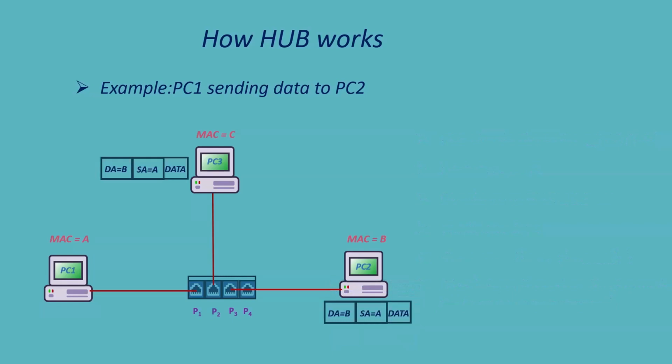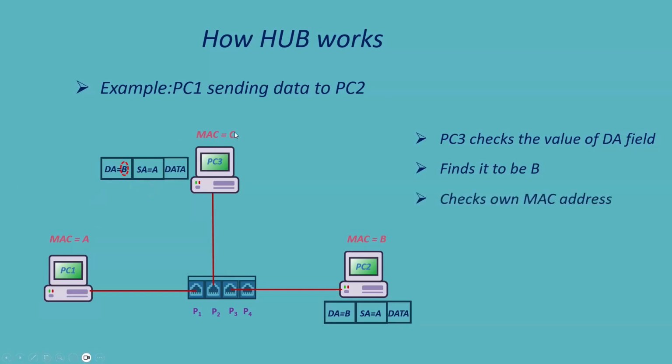Let's look at how PC3 handles or interprets the frame that it has received. Same logic, same concept. PC3 also checks the destination address field of the frame. It finds it to be B. Here also it was B. And then it checks its own MAC address, which is C. Does it match?